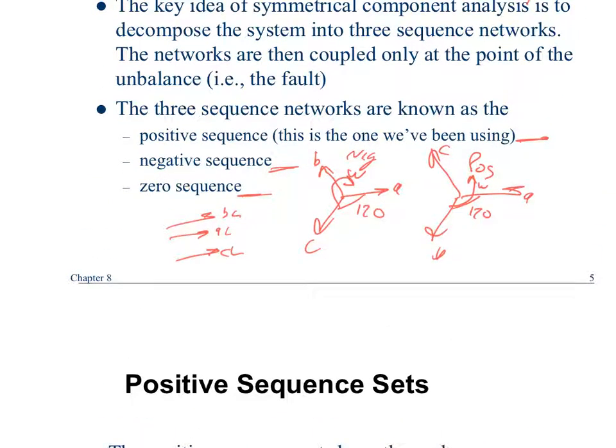We just have 3 separate zero sequence components, A, B, C, that all have the same magnitude and angle. Where would you have that in the real world? Anytime you have current flowing through ground, which most grounded systems have some zero sequence component.